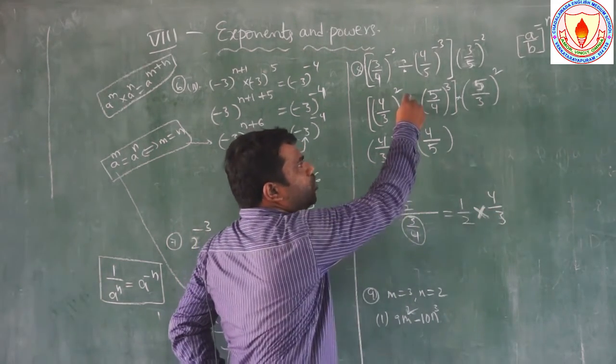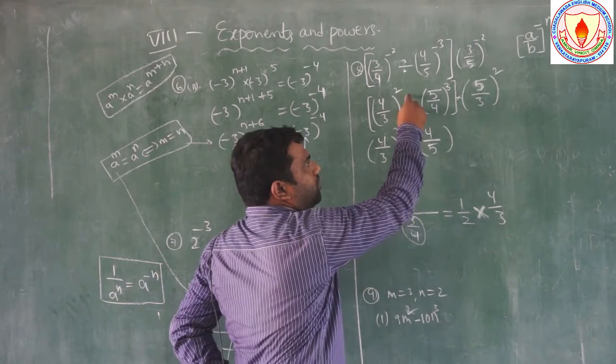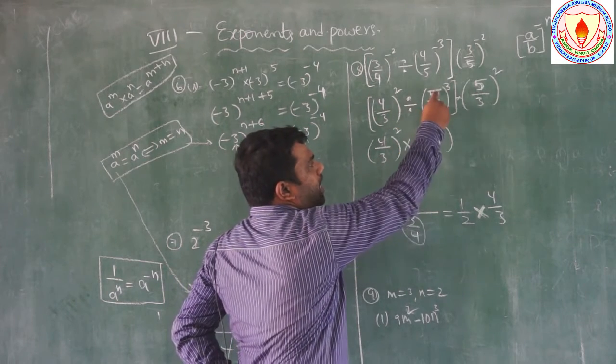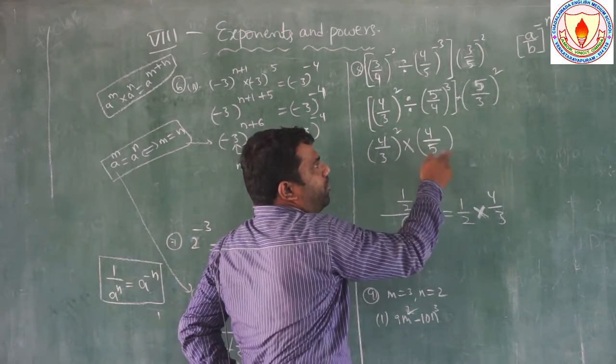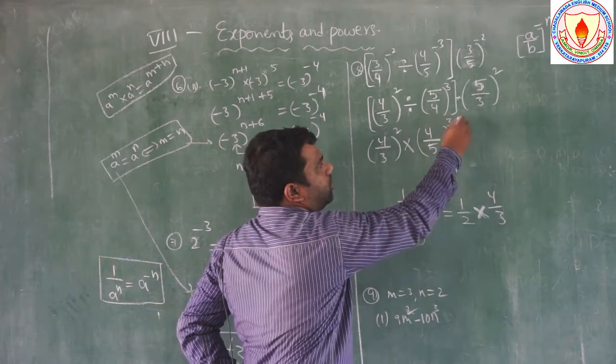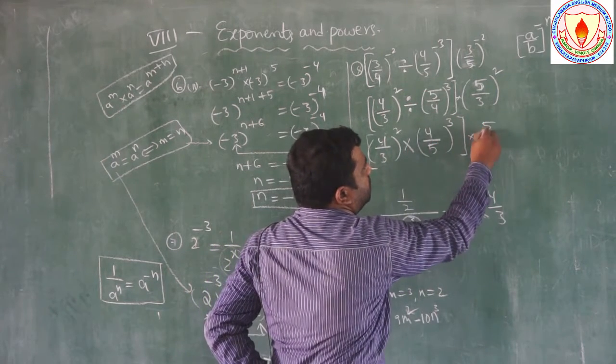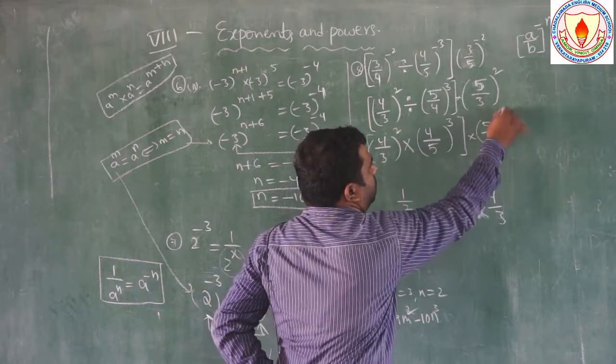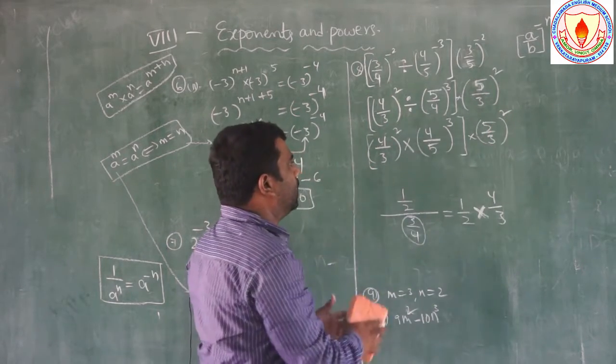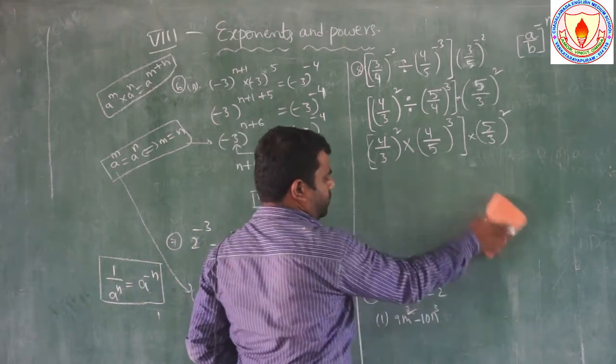In the same manner, division goes to into, reciprocal 4 by 5, 4 by 5 whole cube is there. Again into 5 by 3 whole square. Okay? Next, expand it.